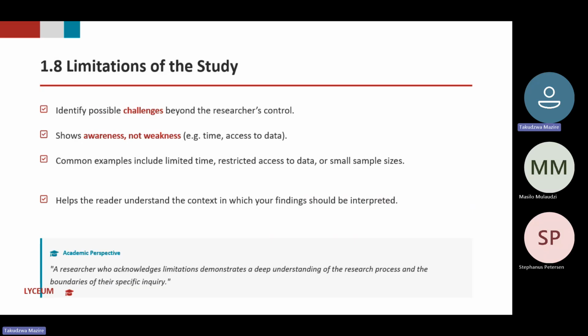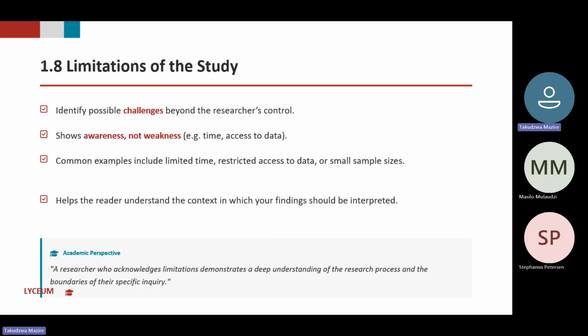You are showing awareness of the practical constraints that might influence your findings. Think about issues or aspects like time, access to specific data, or even size of your sample.